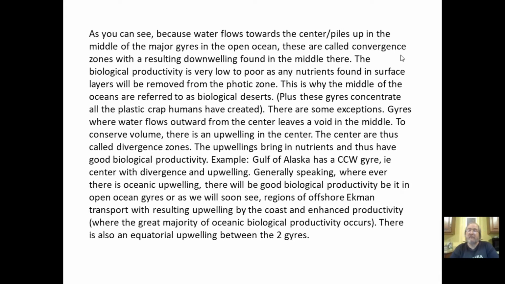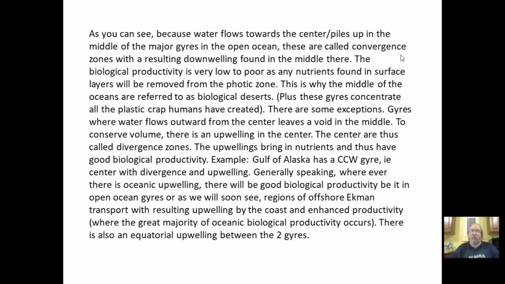There are some exceptions. Gyres where water flows outward from the center leave a void in the middle, and to conserve volume there's an upwelling in the center. The centers are thus called divergence zones. The upwellings bring in nutrients and thus have good biological productivity. Example, the Gulf of Alaska has a counterclockwise gyre, so it has a center with divergence and upwelling.